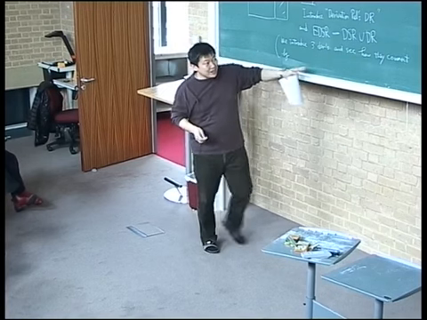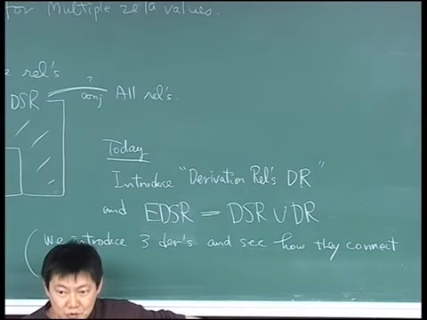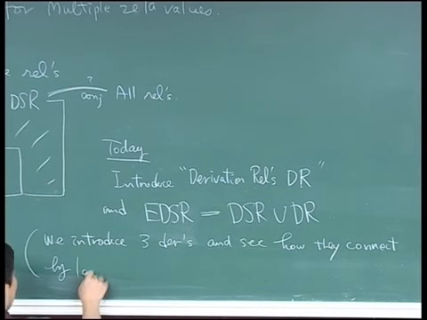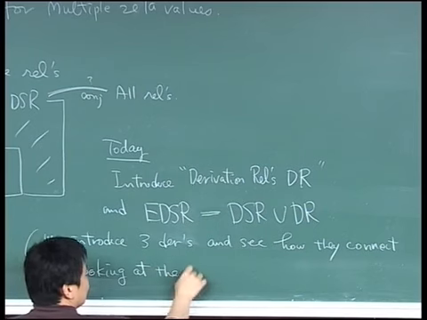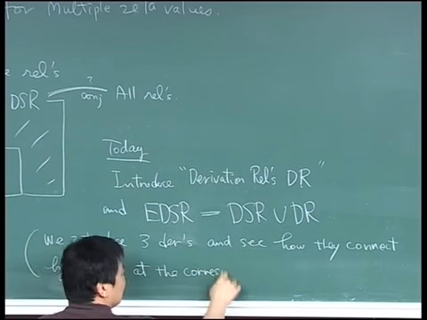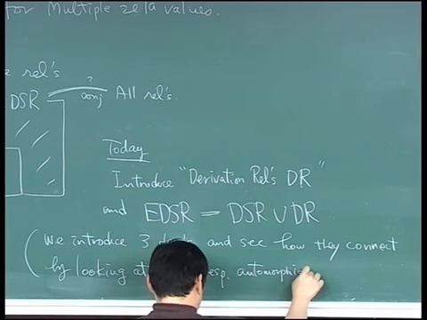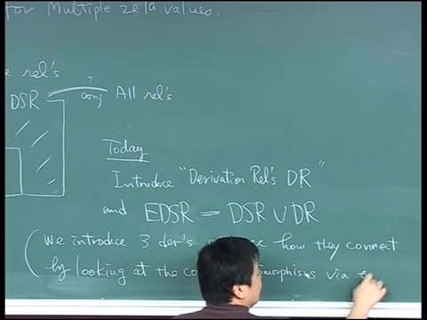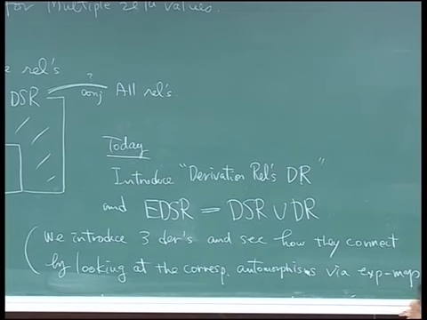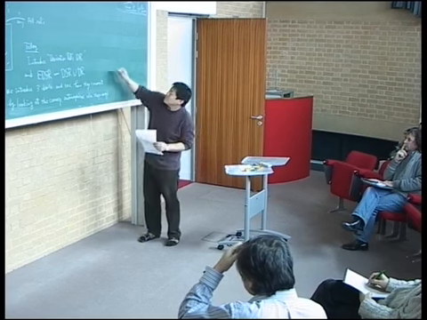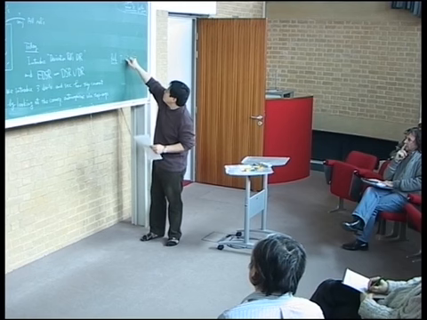So we look at the relation among derivations by looking at the corresponding automorphisms via the exponential. All results in this talk you can find in the reference, my paper with Kaneko and Zagier.